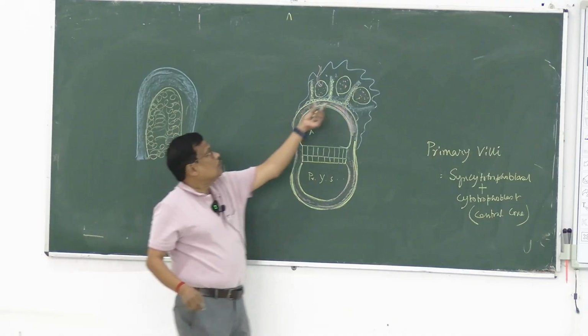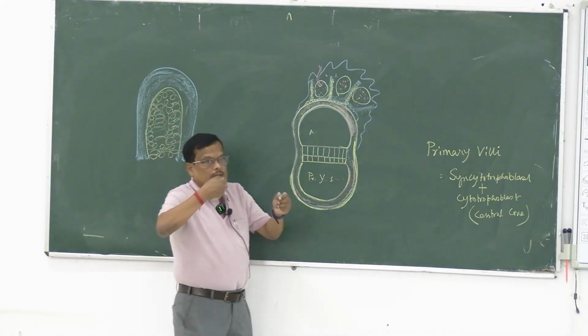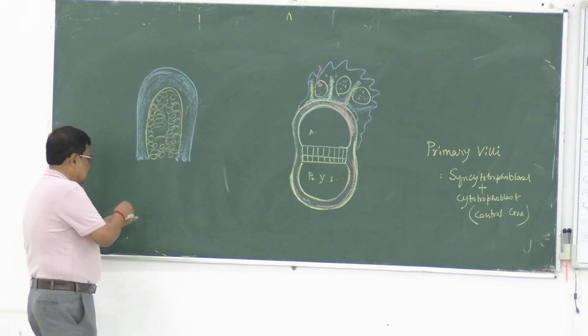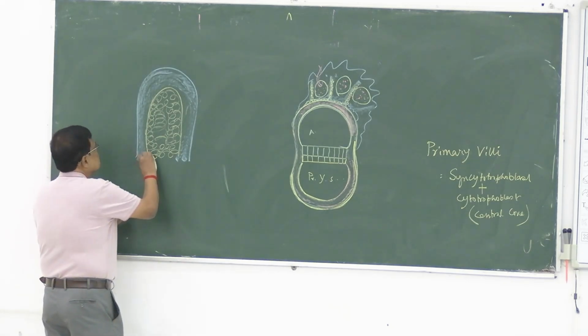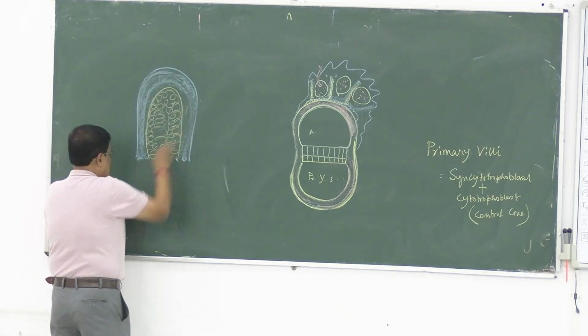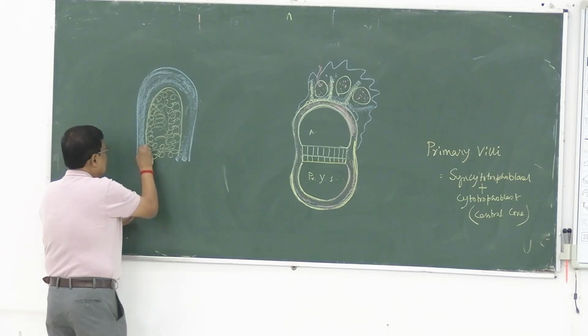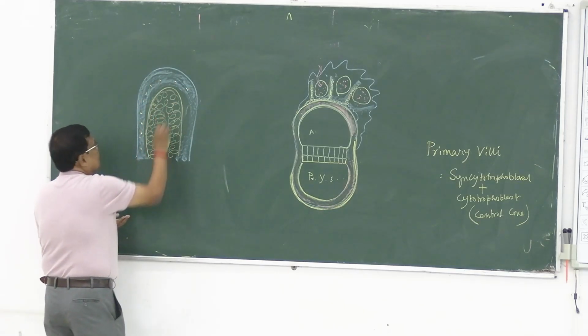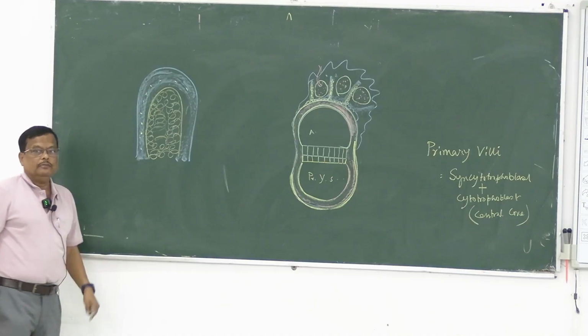Under the microscope, outside there is a syncytotrophoblast with multiple nuclei, and this is the cytotrophoblast, and we call it primary villi.